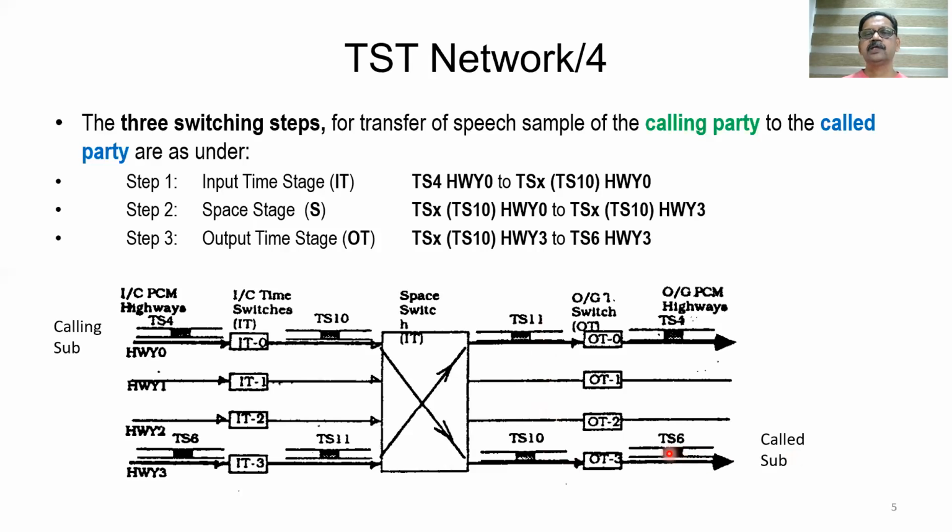So we shift to TS6. That means the speech of the calling party is transferred to the called party via highway 0 to highway 3 and from time slot 4 to time slot 6.